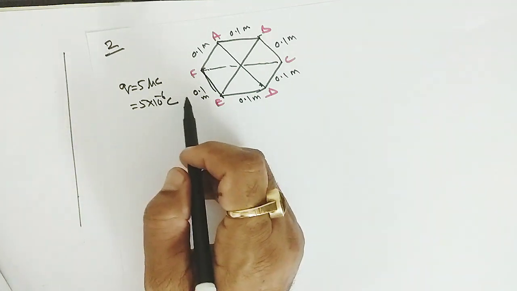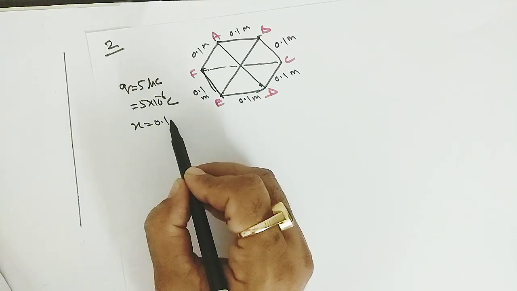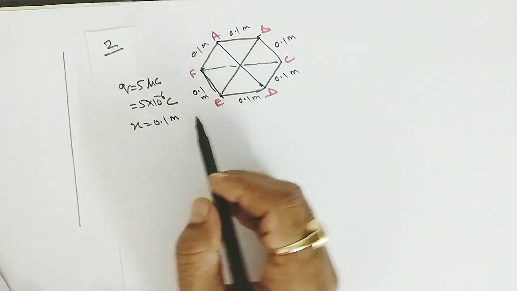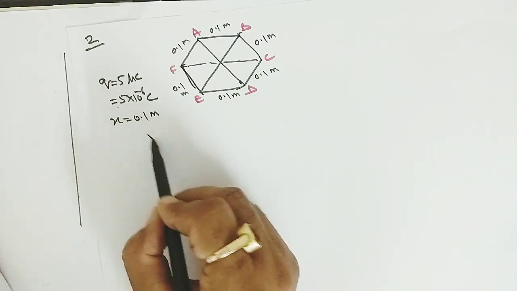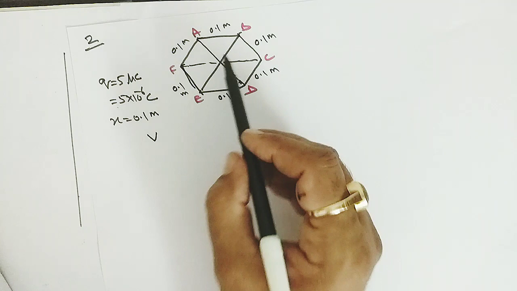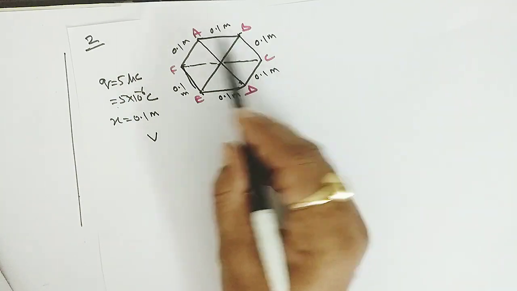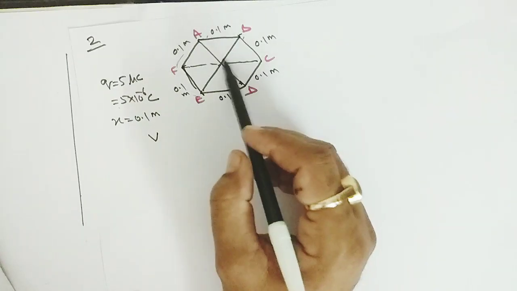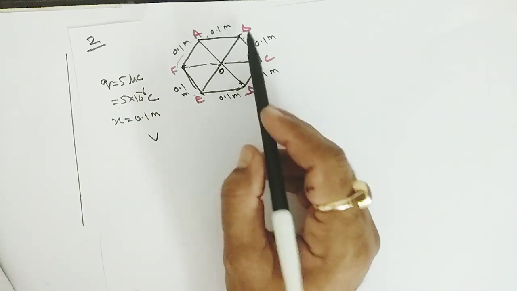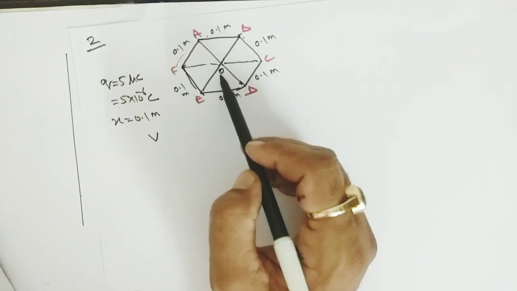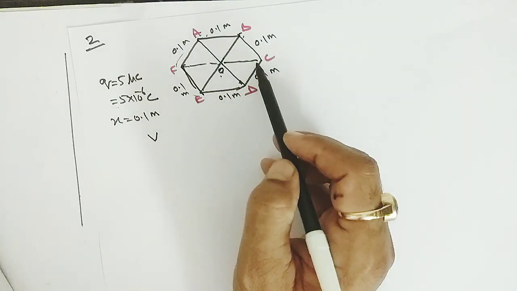Find the potential at the center of the hexagon. So here x is given, 0.1 meter. Since potential is a scalar quantity, you know potential is a scalar quantity, and all charges are placed at each corner. So suppose this is the point O. At this point it will feel the effect of all the charges.